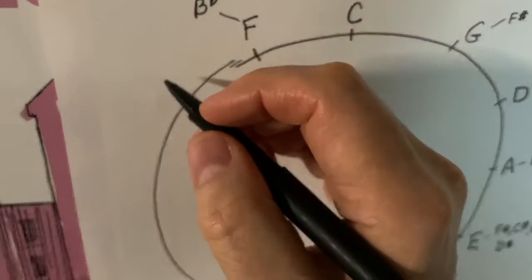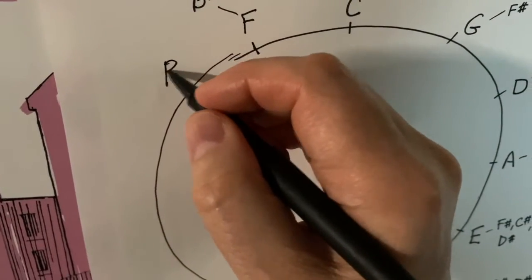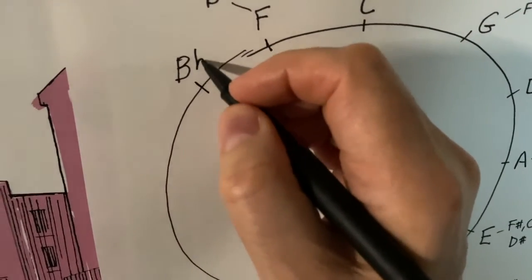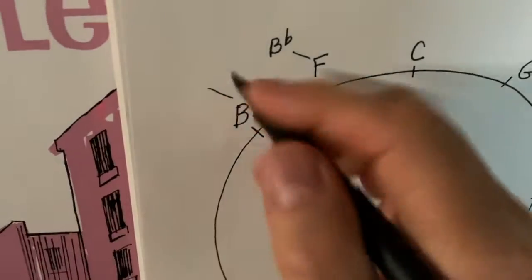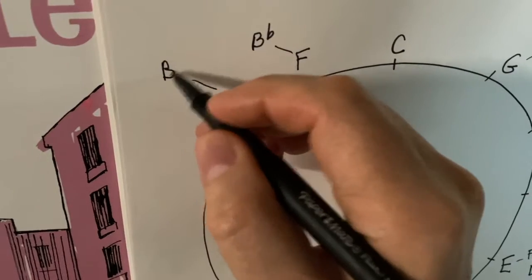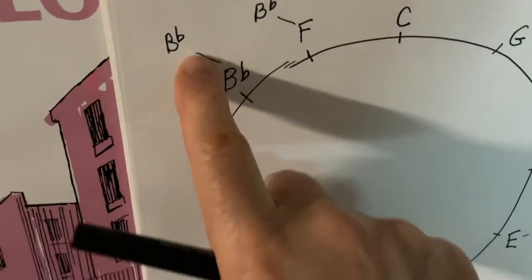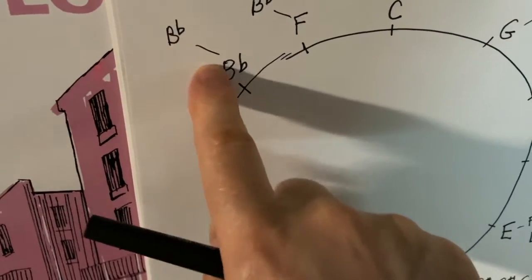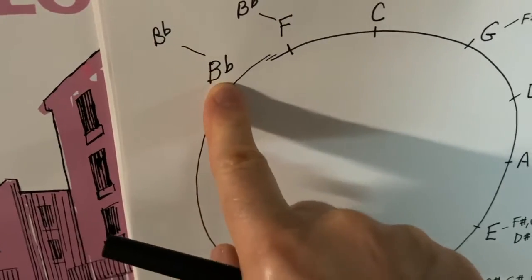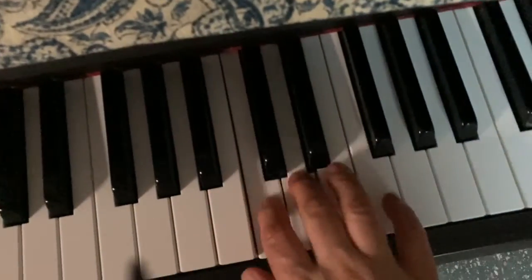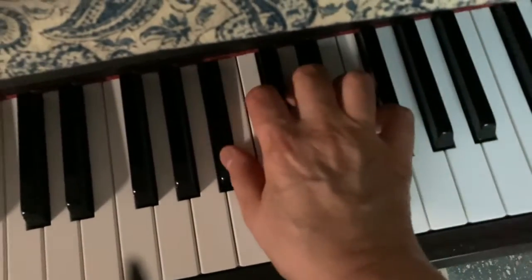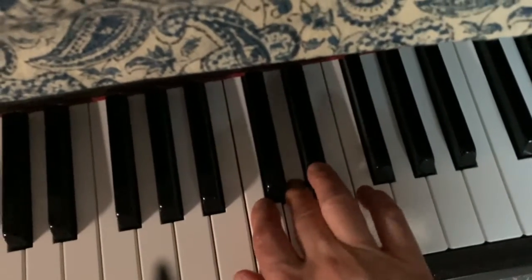So, the key of B flat has 2 flats. You take the last flat and then you add 1. B flat, and how do we find out what the last flat is? We go up a 4th again from B flat. Whole step, half step.